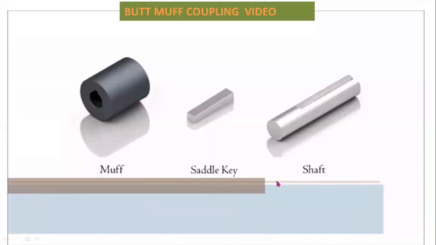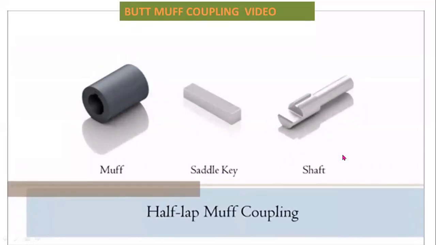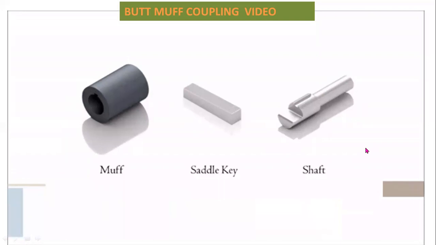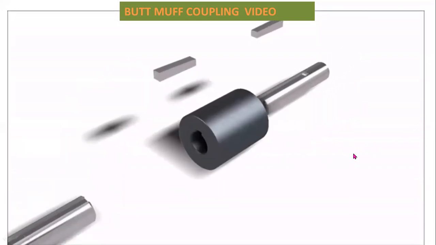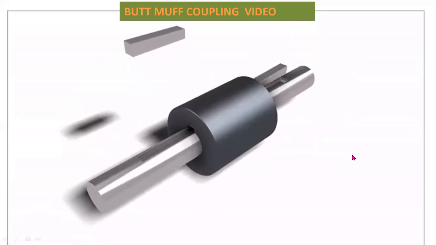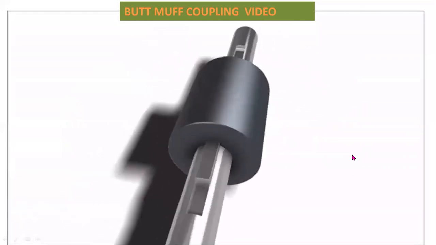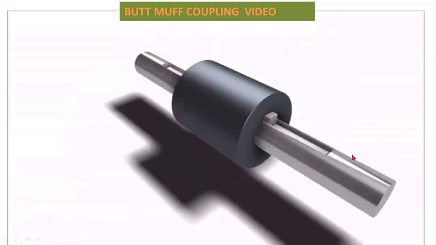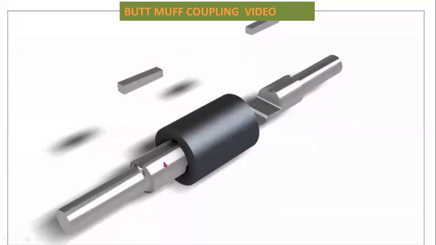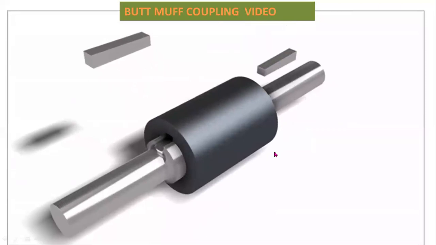This is the assembling view of a muff or sleeve coupling. Here you can observe the animation. This is the assembly video, assembling of sleeve or muff coupling. This one is a sleeve or muff coupling, a half butt muff coupling.